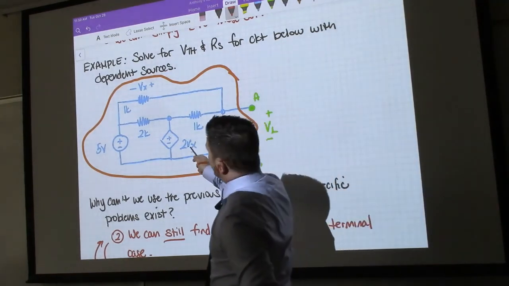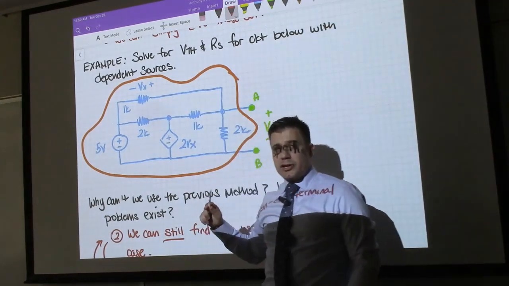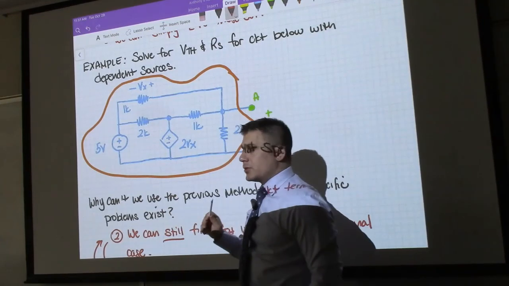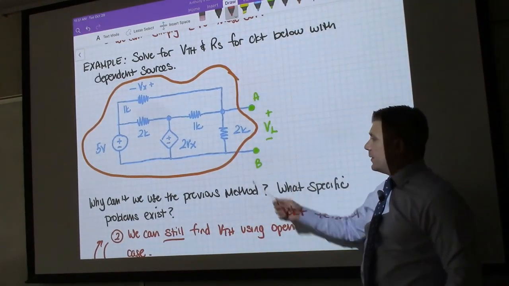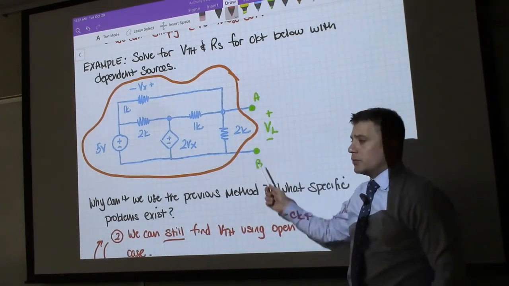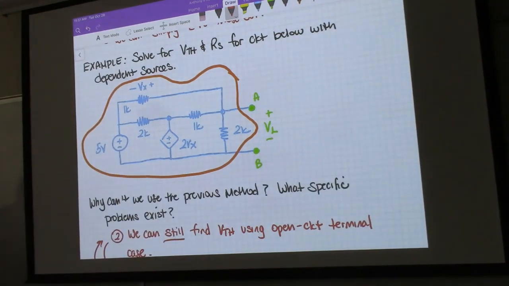Does the dependent source refer to values that are within the subcircuit in question? It does, because Vx is included within the subcircuit. And then lastly, are there any additional grounds or any current sinks in there that we could potentially count as like a third terminal? No. So we have 2 distinct, well-defined terminals there. So that covers all of our bases.